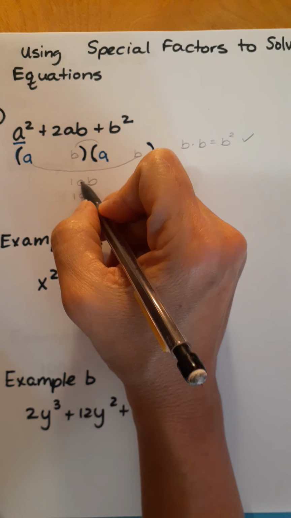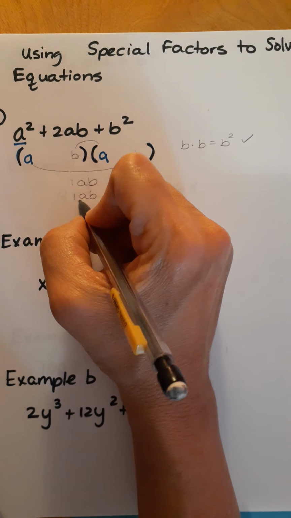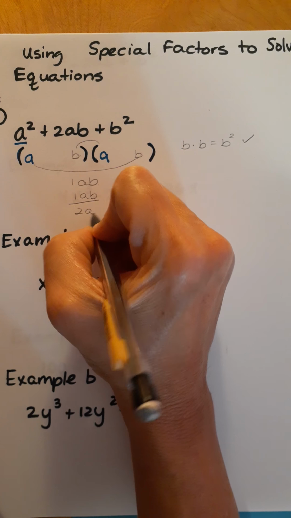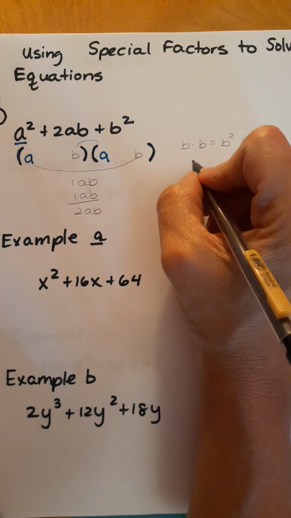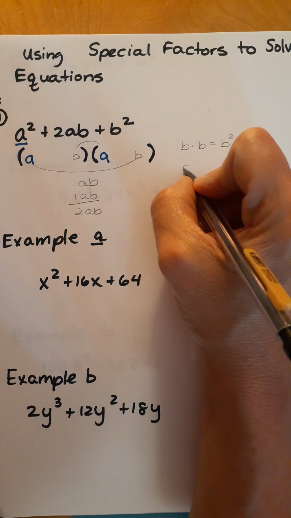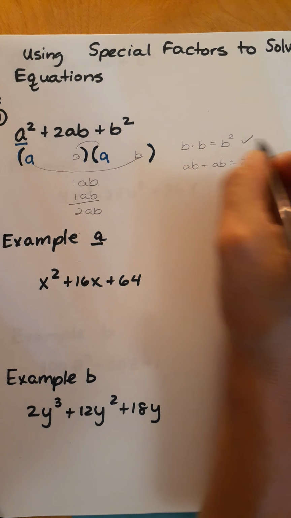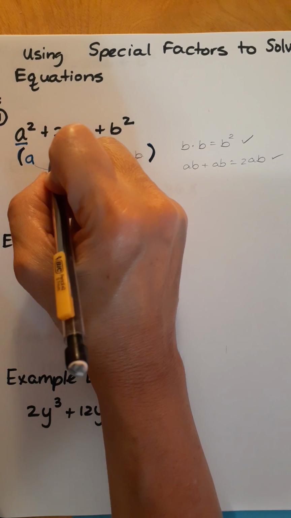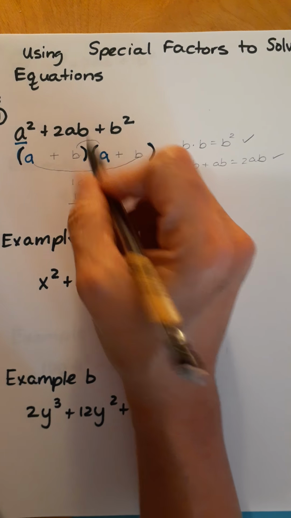When you have one of these and another one of these, that means you have two of them, 2ab. And indeed, this satisfies both things. It has ab plus ab equals 2ab, and b times b is b squared. So we're both plus because we want them to be positive, because the middle term is positive, and so is the last term, positive.